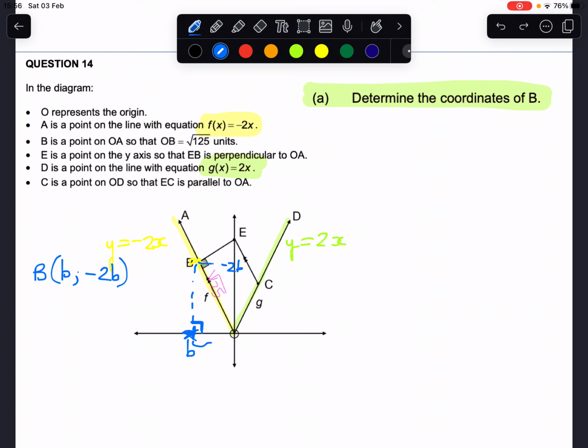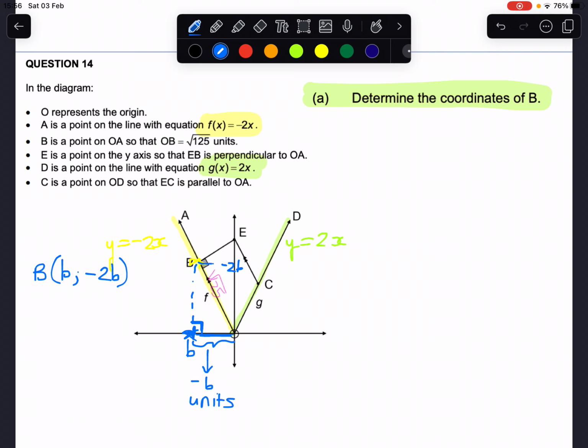So we know that the length of this segment over here is, I don't know if you talk about absolute values in high school. I don't think so. But essentially, it'll be negative b units. And again, don't worry about this being a minus, because remember, b is a negative number. So just think, if b is negative 2, then this length over here is not negative 2. It's going to be positive 2.